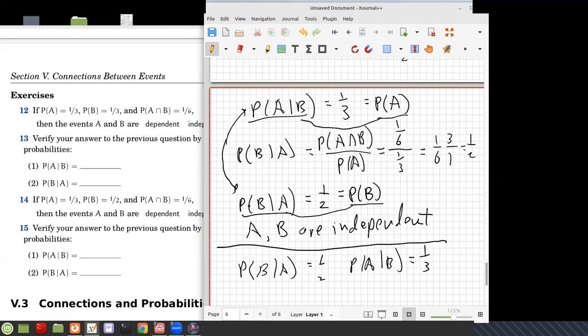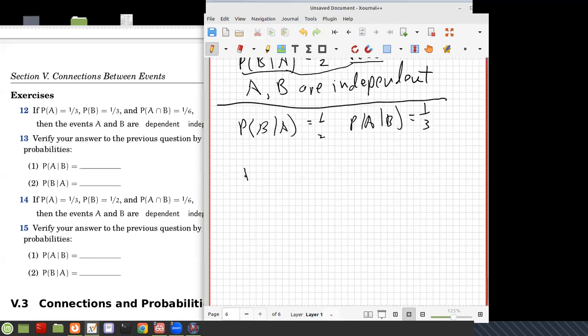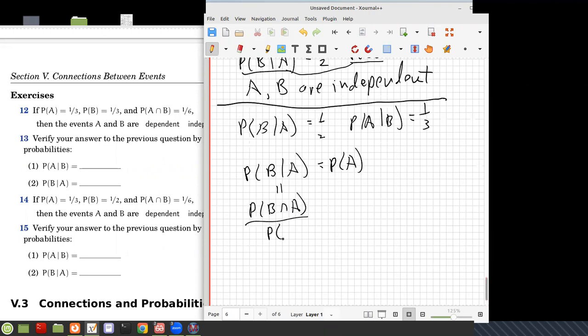So if the probability of A given B equals the probability of B, would that be so? Well, let's look. The question is, if the probability of, say, B given A equals the probability of A, right? Yes. Well, let's see, this is interesting, because this is the probability of the intersection of A and B over the probability of A, right?